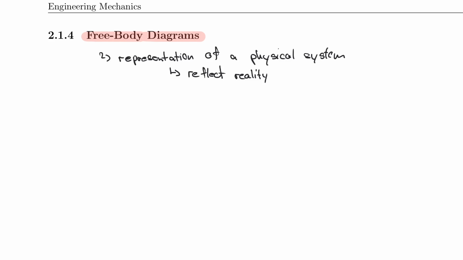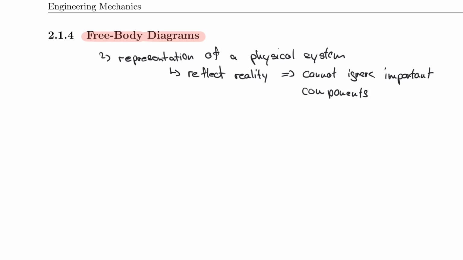And that means you cannot leave anything out, right? So you cannot ignore important components. So let's say, for example, you forget a cable. In real life, the structure would fall down. So that is not acceptable in a free body diagram.